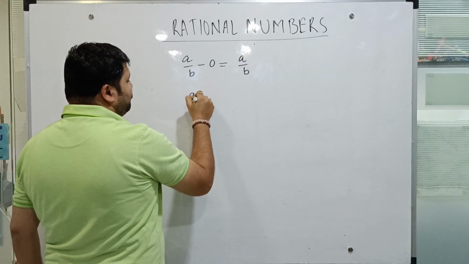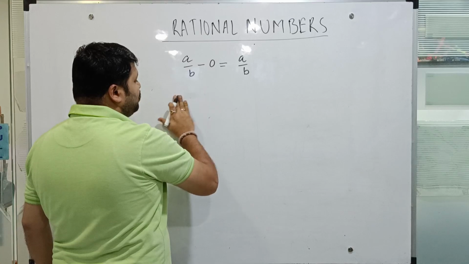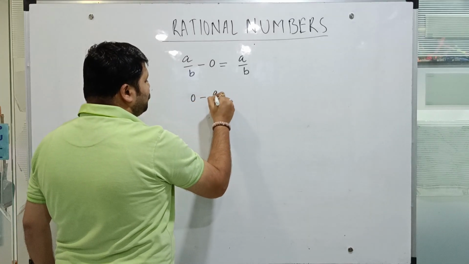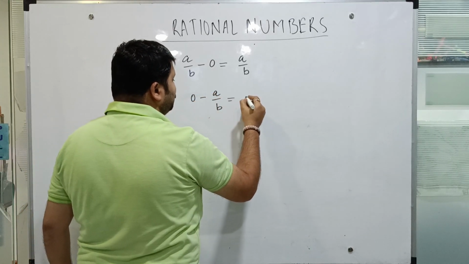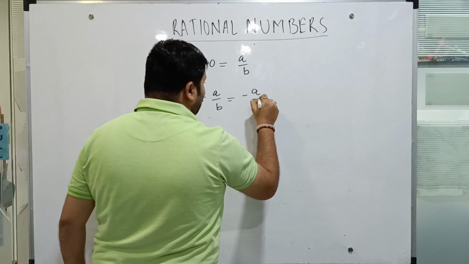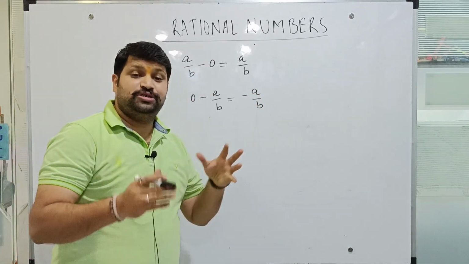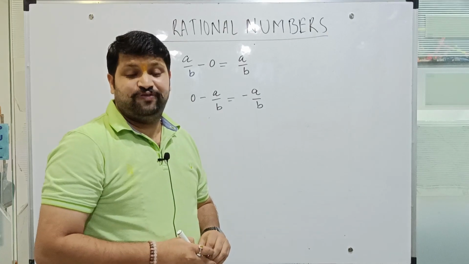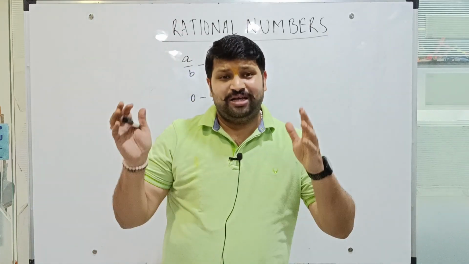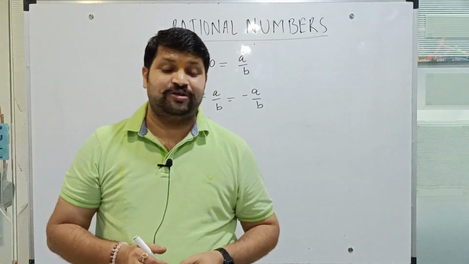However, if I have 0 minus a upon b, then my answer would be minus a upon b, which tells us that 0 is not an identity for subtraction, which means that there is no identity for subtraction of rational numbers.